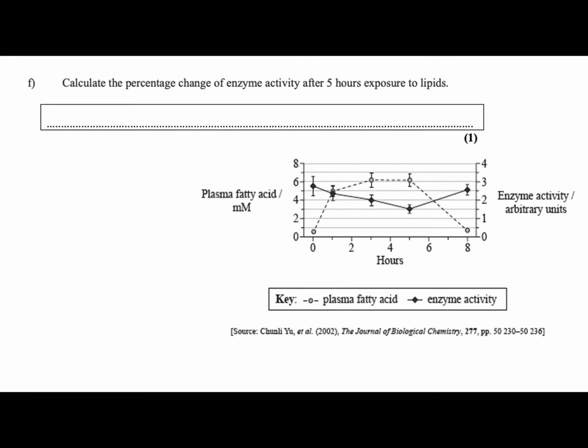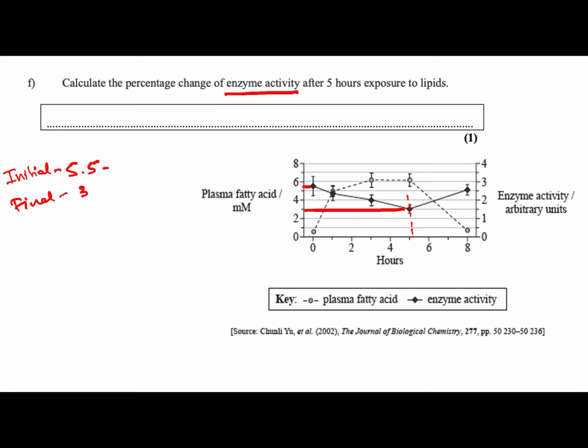Okay. Now calculate the percentage change in the first 5 hours. So the first 5 hours is this, and we are looking at the enzyme activity. The initial activity is somewhere here. You can say 5.2, 5.3, 5.5. We can see mine, the initial one is 5.5.